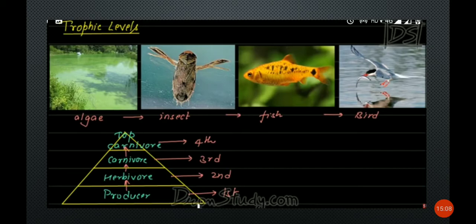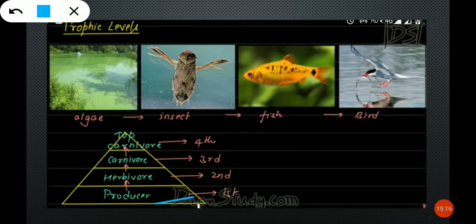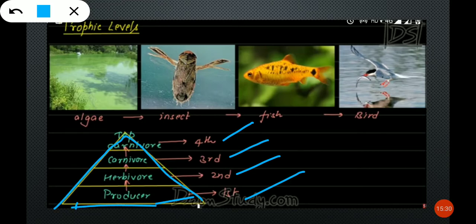Next. Trophic levels. What are trophic levels? It's very easy. Producer is called first trophic level. Herbivores are called second trophic level, carnivores third, and top carnivores are called fourth trophic level. Trophic level means in the pyramid we give some places to those particular producers and consumers.